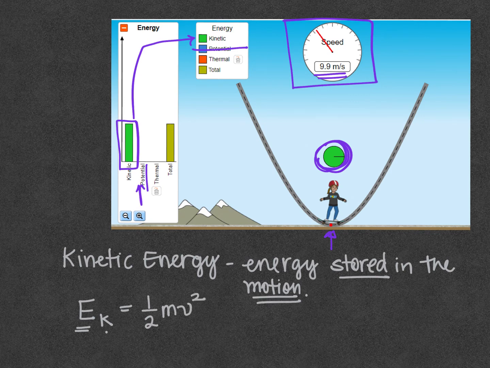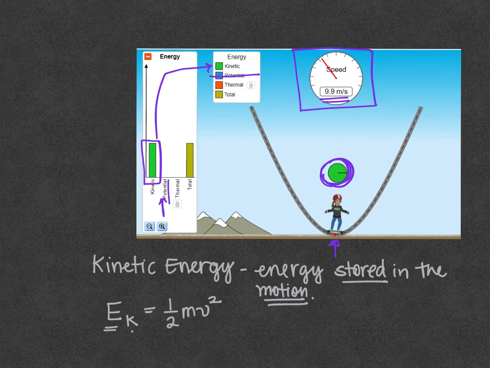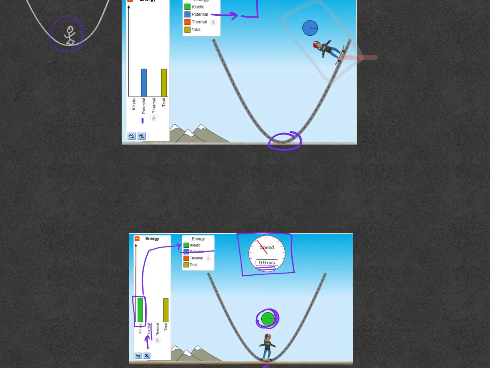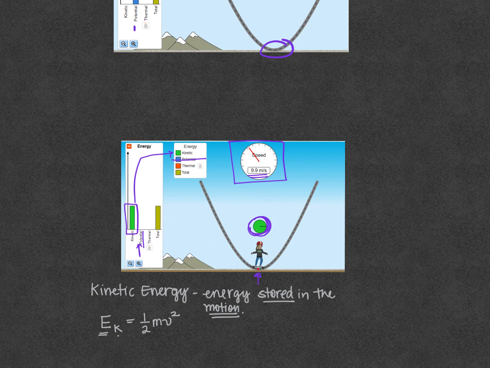You also may notice that if you put your skater at the lowest point of the U, the skater won't go anywhere. The skater doesn't have any energy at that point. In order for the skater to move, energy has to be transferred to the skater, and in this case, with our skate park, the gravitational energy that is present when we are above the Earth's surface is what fuels the ability for this skater to move back and forth.